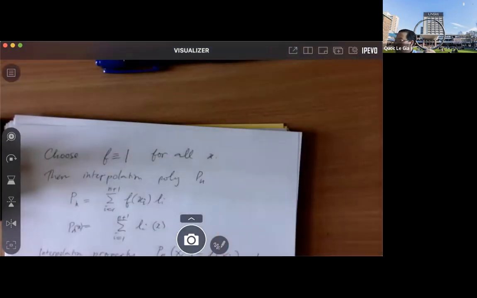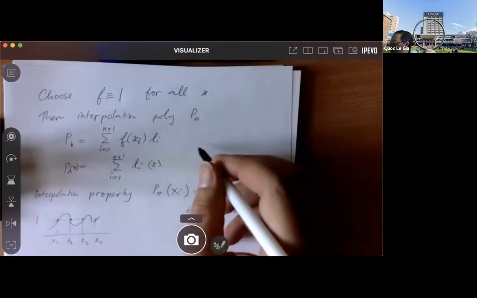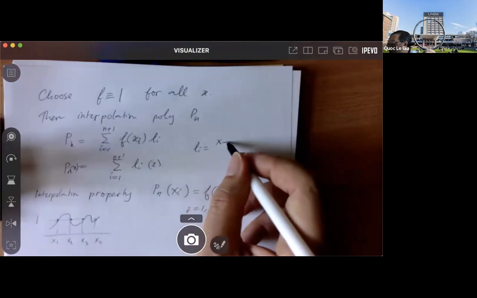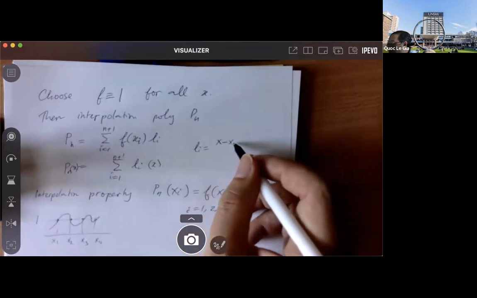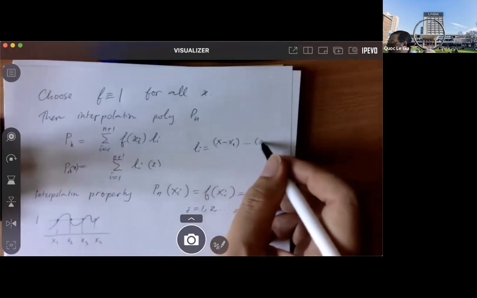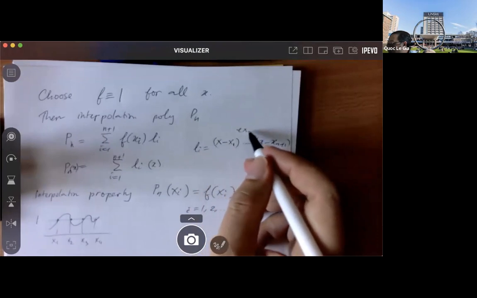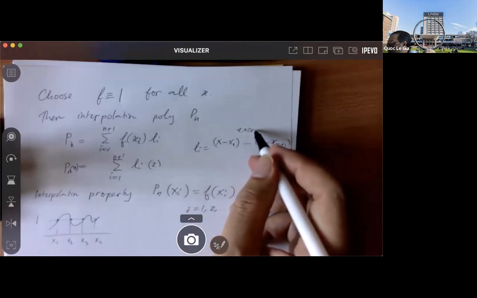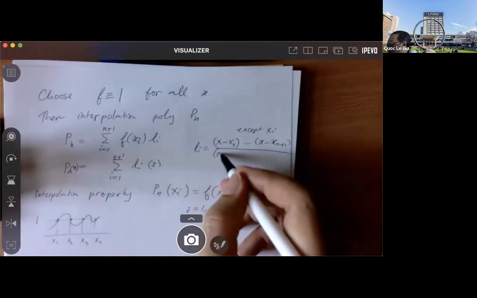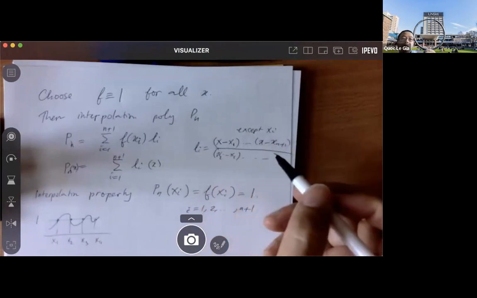N, yes, because remember the Li, if you write down explicitly, Li is the product, not the sum, of x minus x1, you know, x minus xn plus 1, except the xi, right? And then you have xi minus x1. So you have a degree n, yeah?